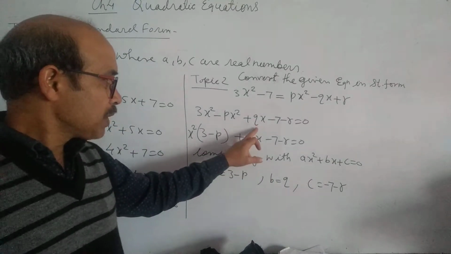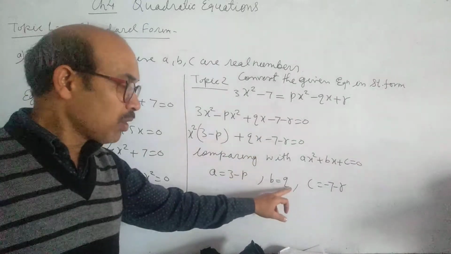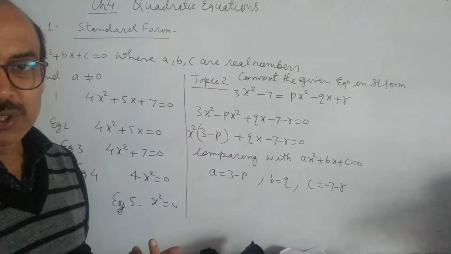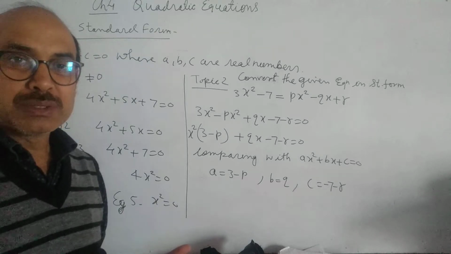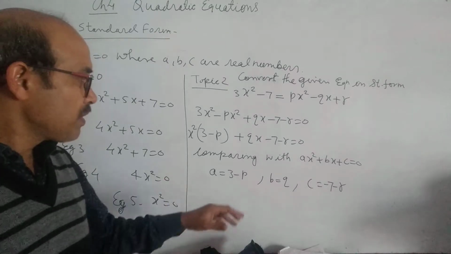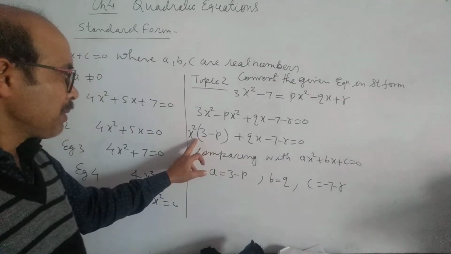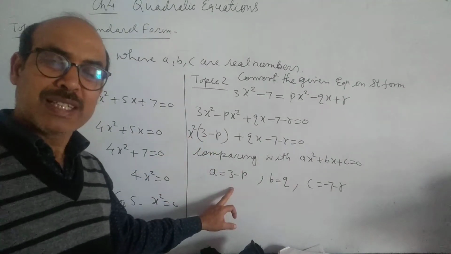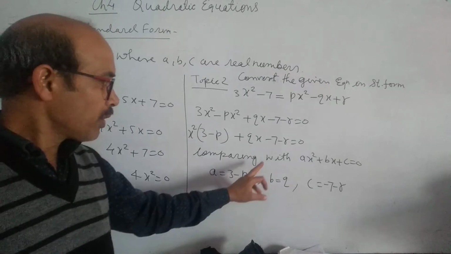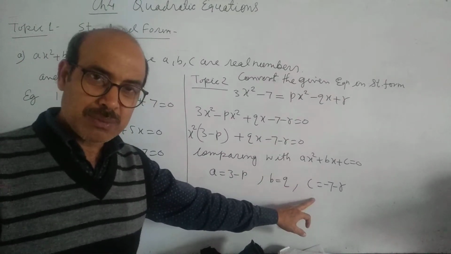Like in place of q, if it is b, then b equal to b can also be there. You should not get confused. Whatever the coefficient of x is will be considered as b. Whatever the coefficient of x square is will be considered as a. And the terms without x will be considered the constant term.